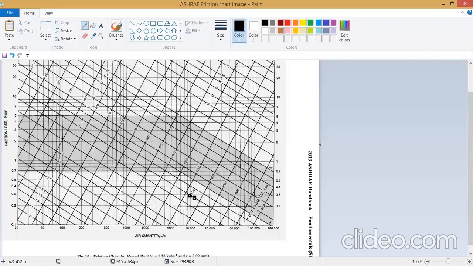So the diameter comes to be 1350 approximately, and the pressure drop is exactly 0.3.